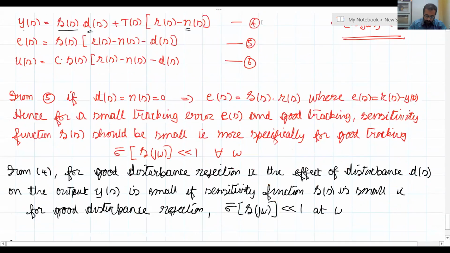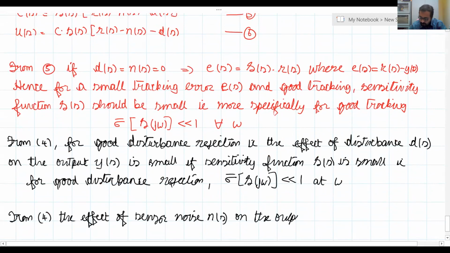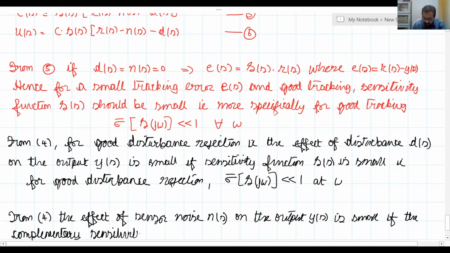Okay. So from 4, the effect of sensor noise N of S on the output Y of S is small if the complementary sensitivity function T of S is small.